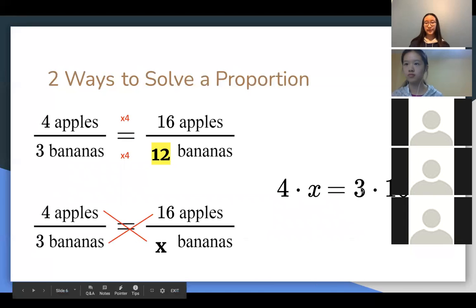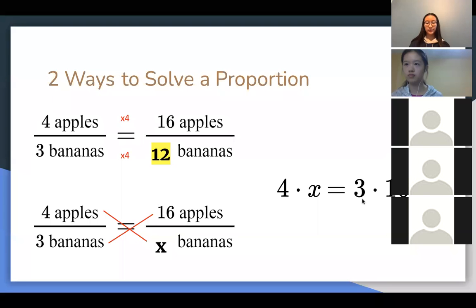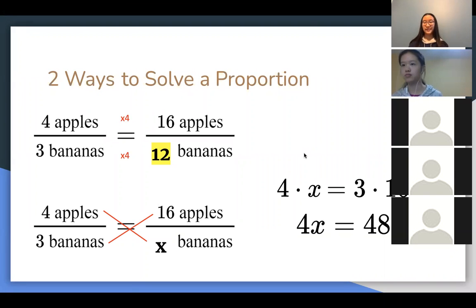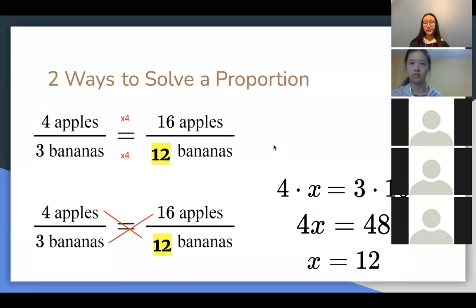And then you set them to be equal to each other. So here would be 4 times x equals 3 times 16. And that gets you 4x equals 48. Divide both sides by 4, and your answer is x equals 12. So same thing, you can choose whichever is easiest for the specific problem, or whichever one comes more easily to you.